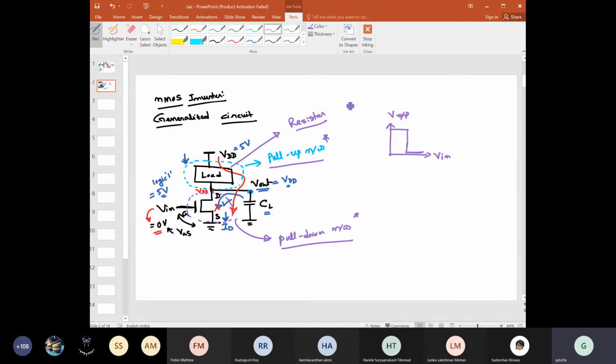How will it deviate? You already know that probably the fall will not be this sharp, but rather this fall will be quite gradual, like this.